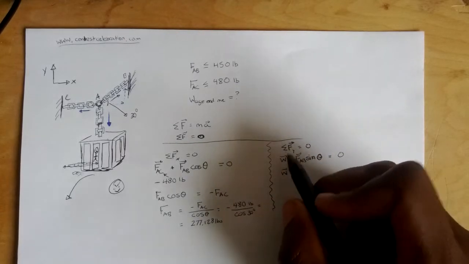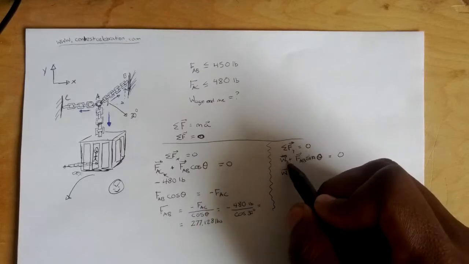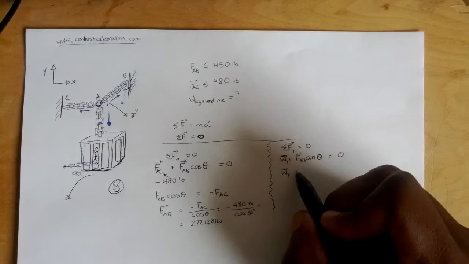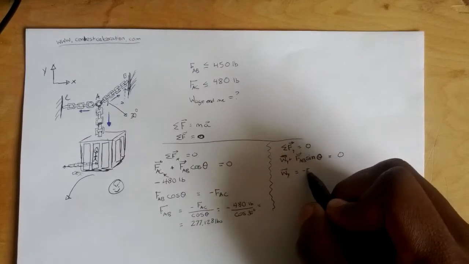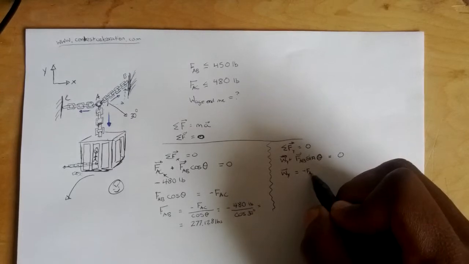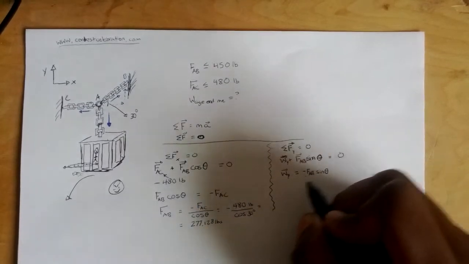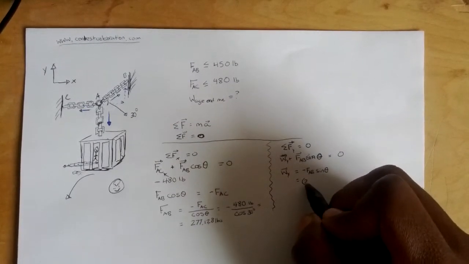It's not going to be a vector because we're already in the y component. So weight is going to be equal to negative force AB times sine of angle theta.